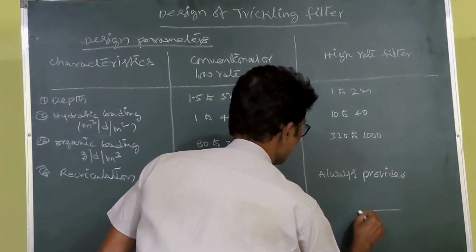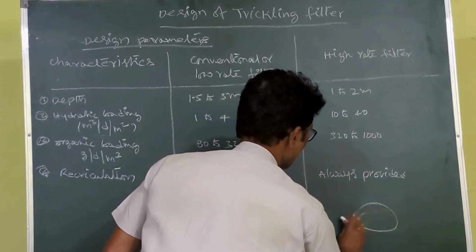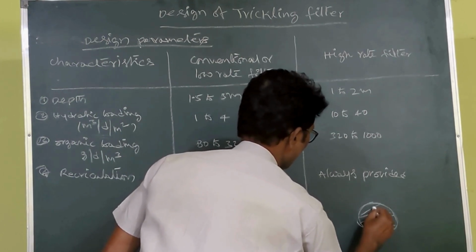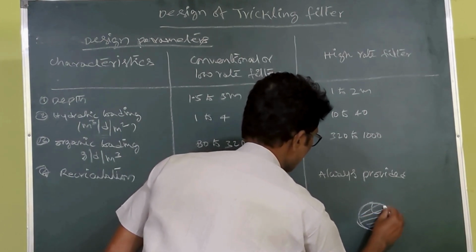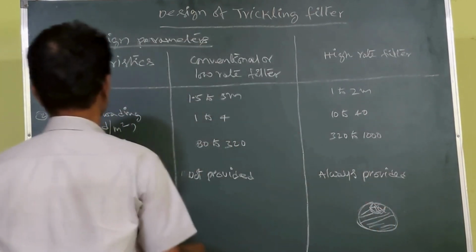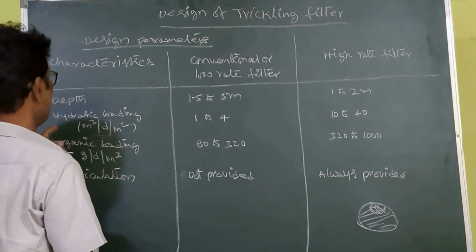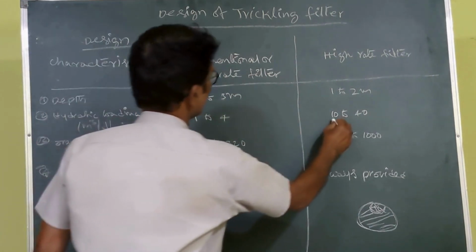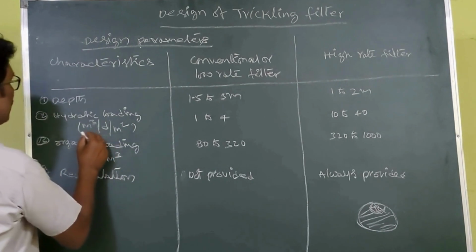Let us assume a circular trickling filter, and this is the surface area. In this 1 meter square area, it can accept the hydraulic loading rate of 1 to 4 in standard rate and 10 to 40 in high rate. That is the meaning of these units.